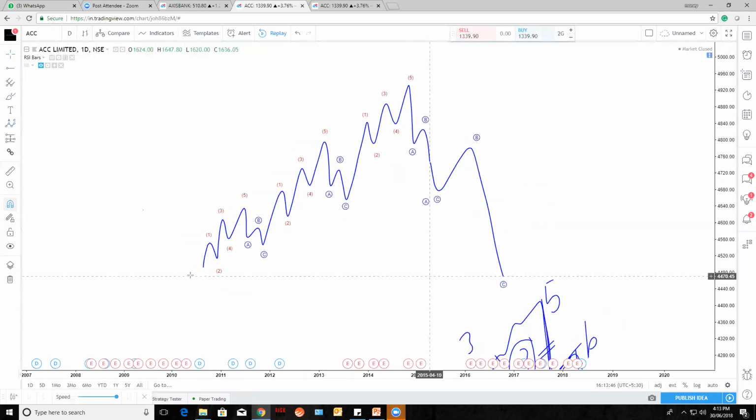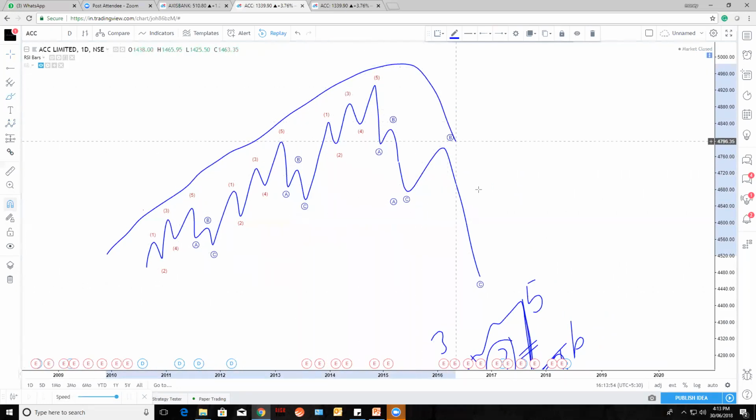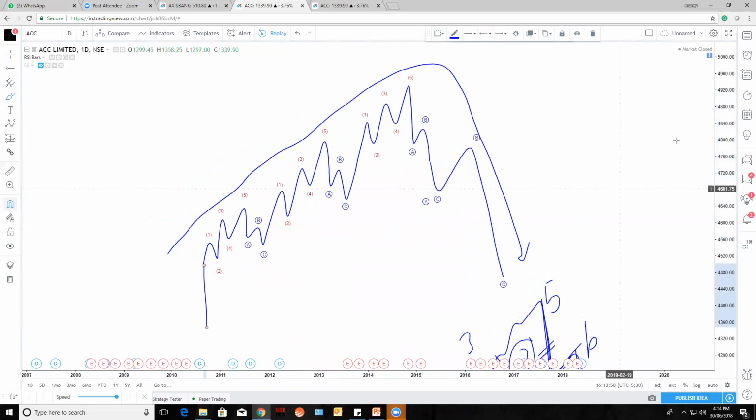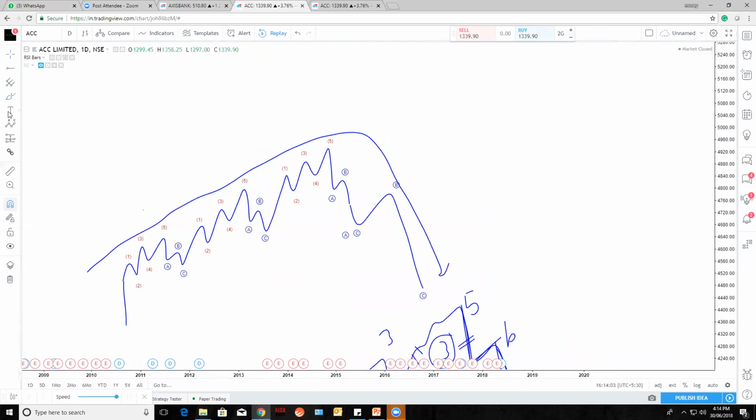So I am talking about smaller correction and bigger correction. We will go further, but as of now, you just understand this. So this is one wave in a higher time frame. This is the second wave, and this is a low. In one higher time frame, it will be one bigger wave again. So this is 0, this is 1, and this is 2.